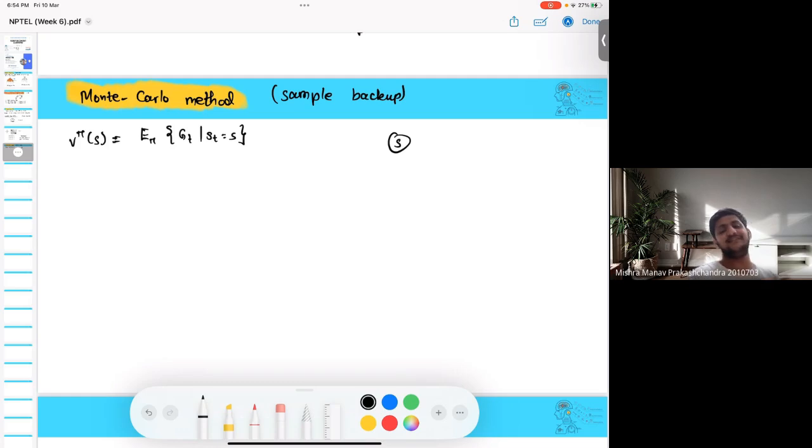This trajectory consists of a sequence of states, actions and rewards. Once I reach the end of the episode, or the terminal state, I get the full return, and I use that to update the value of state S.